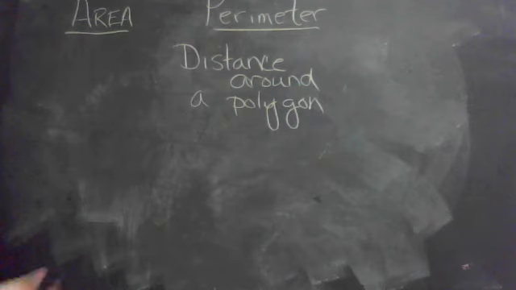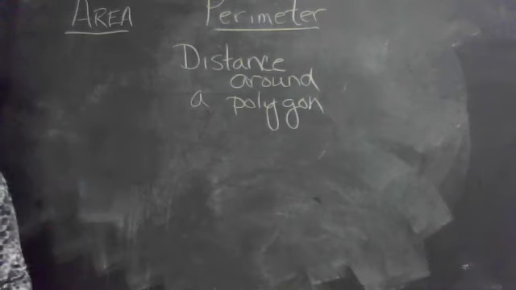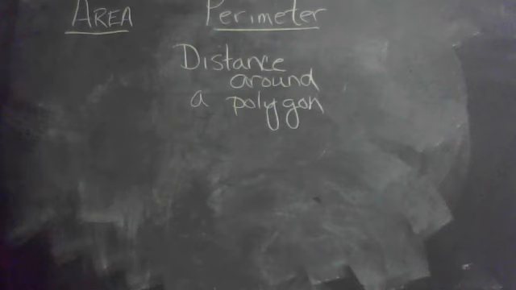The distance around. So what I think of is we're going to be dealing with rectangles. So I'm thinking about a garden, you know, or a yard, and where you put the fence around, the fence is the perimeter. Okay, the fence part is the perimeter. Perimeter is distance around. It's easier for me to give you an example of area.